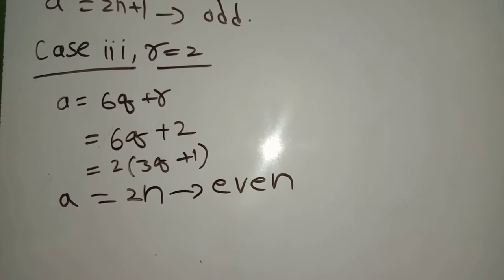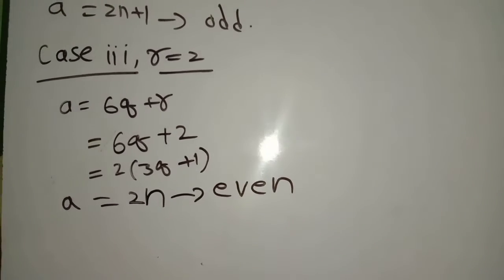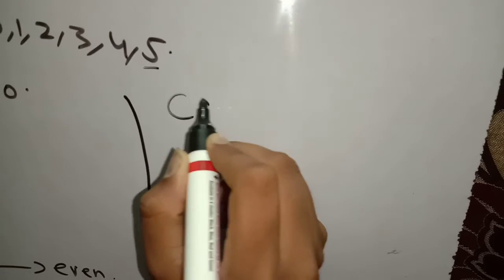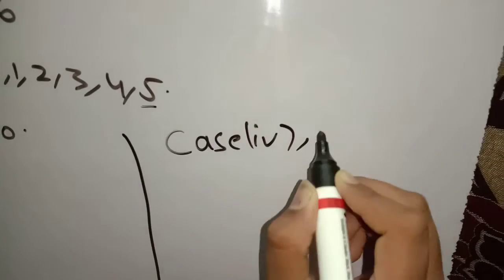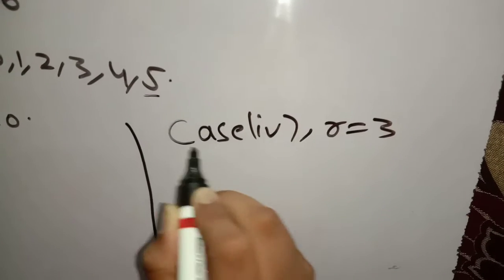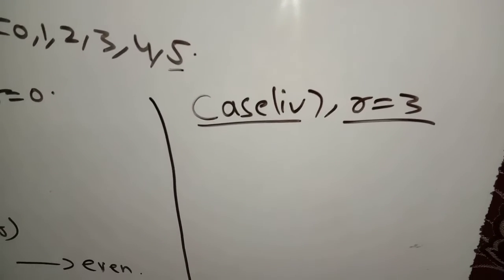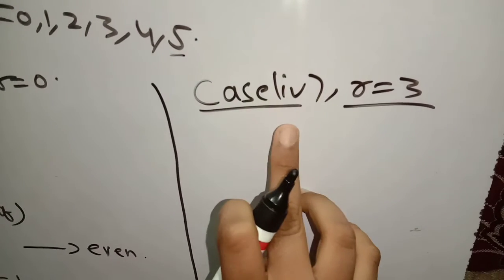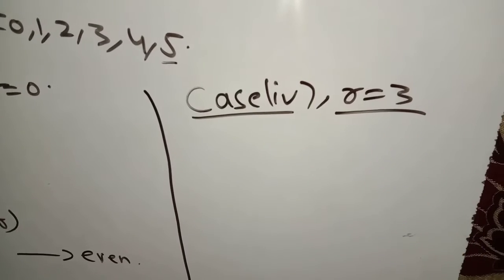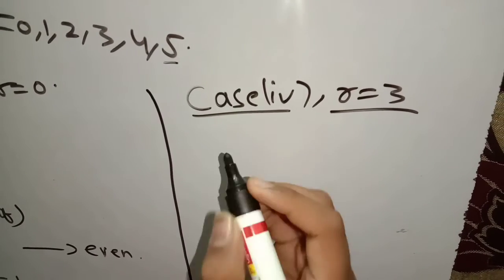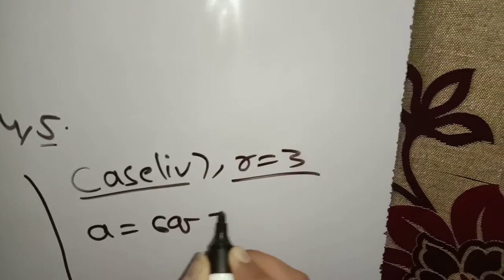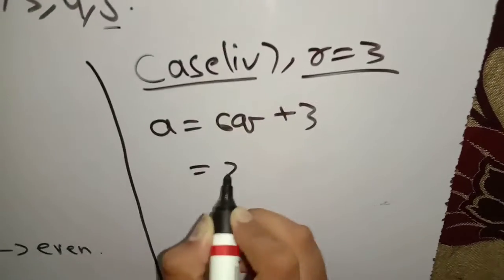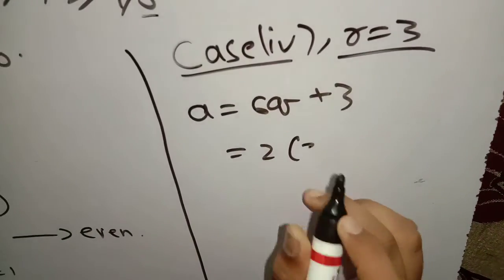Now we are going to do our fourth case. So friends, we have got up to case 4, where the remainder is 3, right? Once again you have to remember, if the case number is 4, then the remainder will be 1 digit less than that. So again we are going to substitute a = 6q + 3.